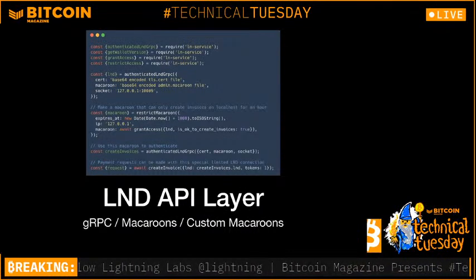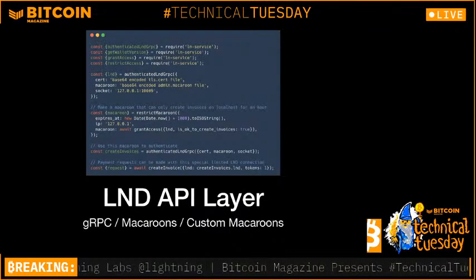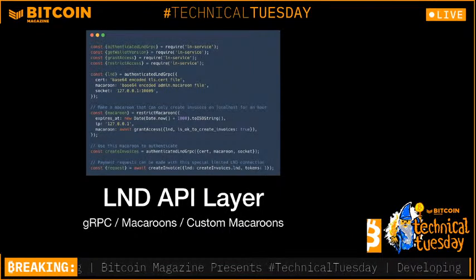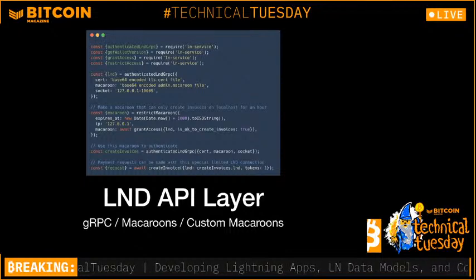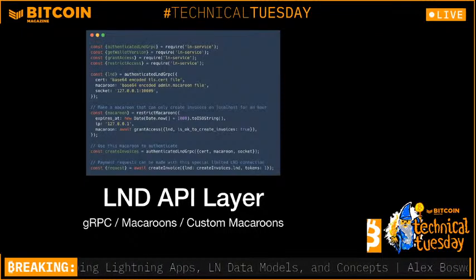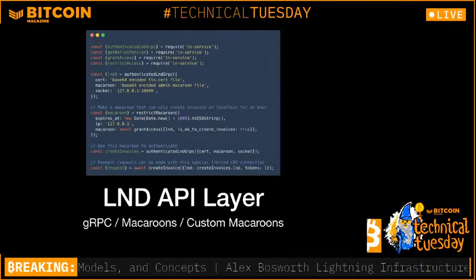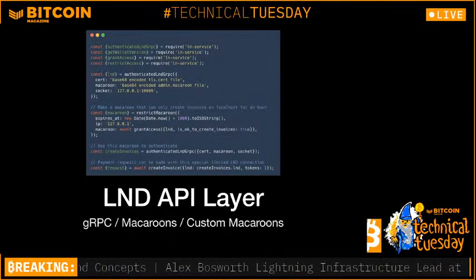This restriction expires it, so that this macaroon will only last for another second, and it'll be locked to my IP. You can further restrict macaroons by saying that they can only do things like create invoices, or other things that are very specific. So that's the LND security and authentication layer.